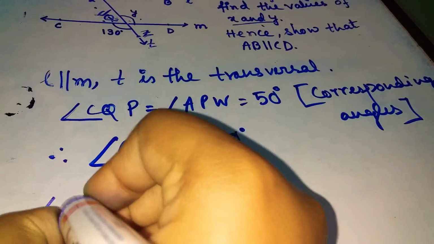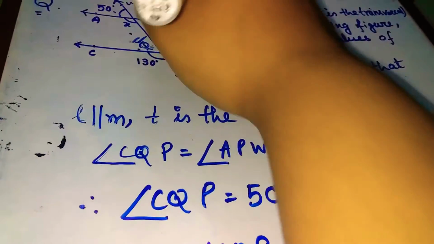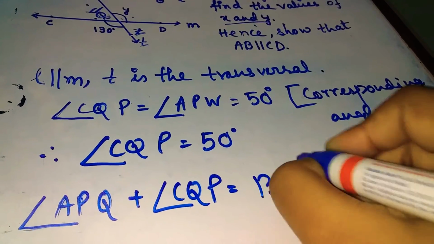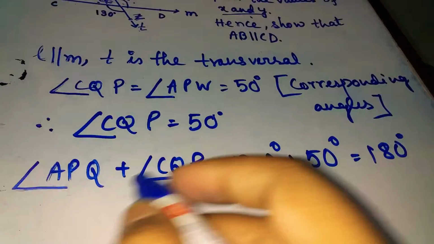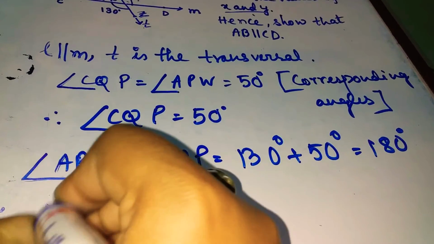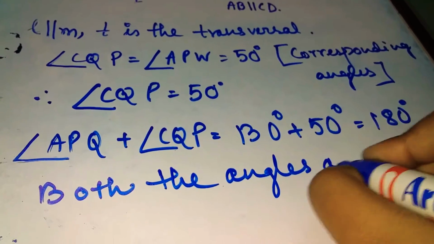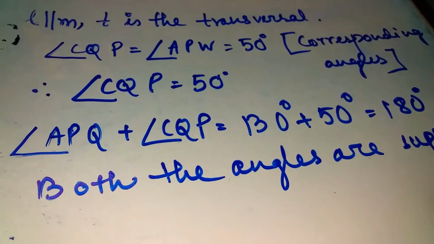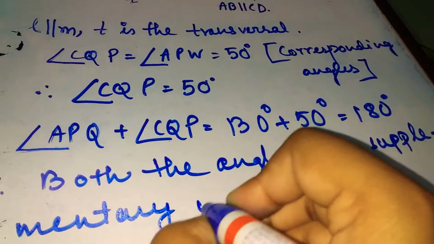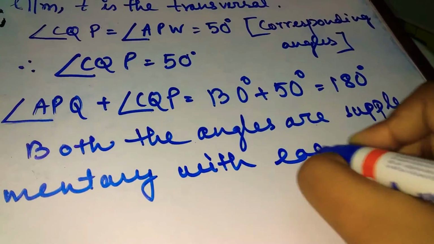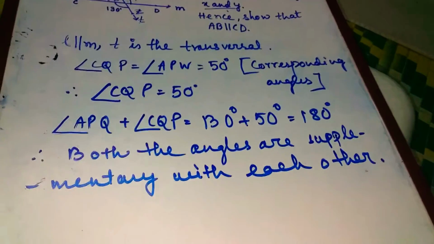Angle APQ plus angle CPQ equals, angle APQ means angle x, previously found to be 130 degrees, plus 50 degrees, that gives us a value of 180 degrees. So the angles are supplementary with each other, right? Both the angles are supplementary to each other.